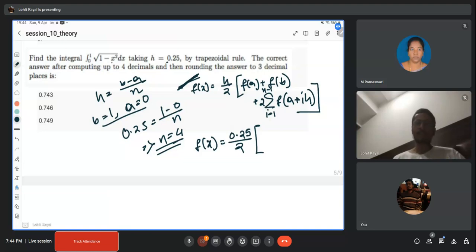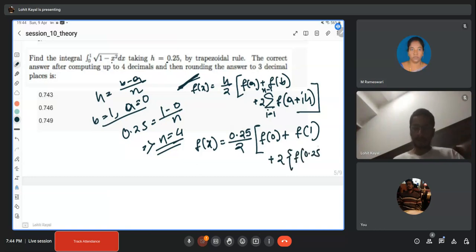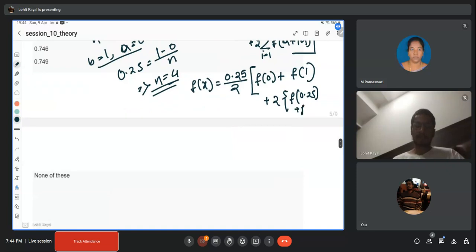What is f of a? That is f of 0. f of b is f of 1, plus 2 times f of a plus h, that is 0.25, plus f of a plus 2h, f of 0.5, plus f of 0.75. So it is equal to 0.125.